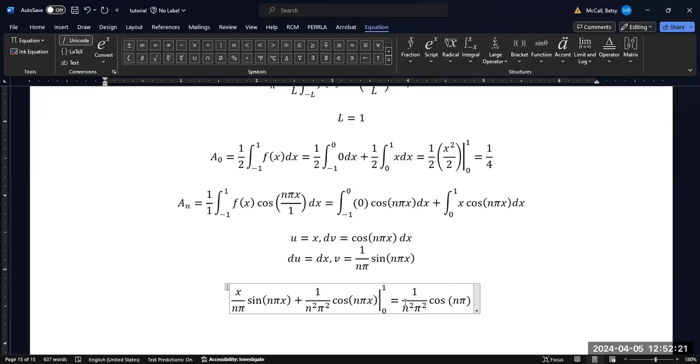And then if I put in 0, I'm going to get 1 over n squared pi squared times cosine of 0, which is a 1.